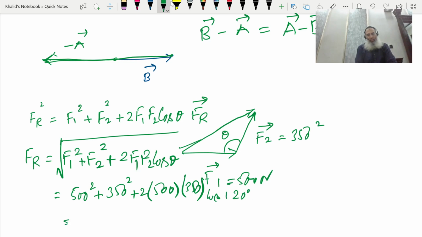So you can calculate the value. The value will be, in numbers, a specific value.